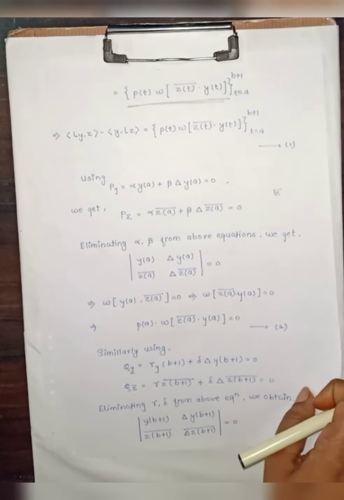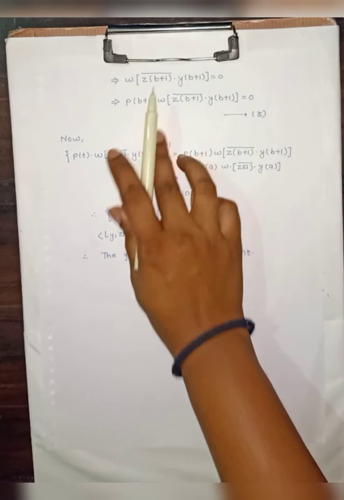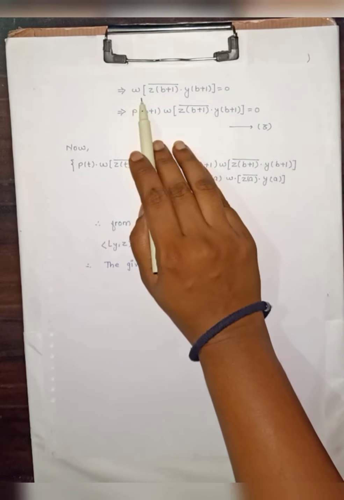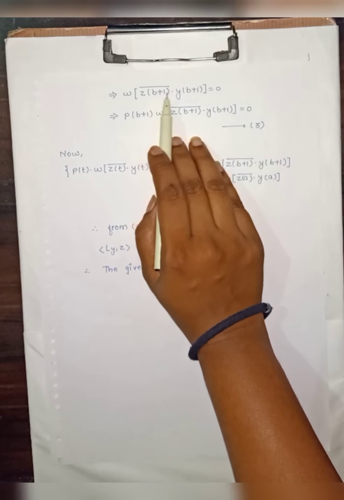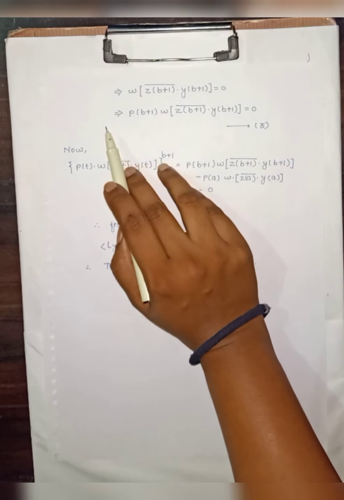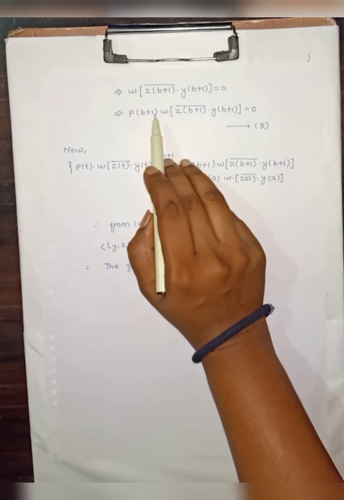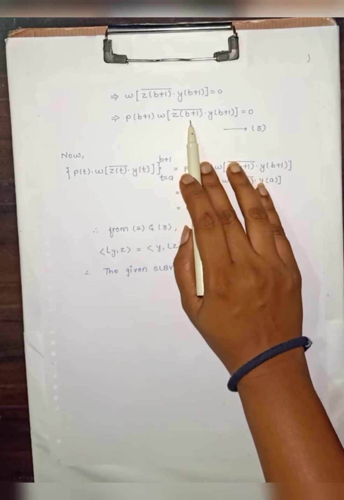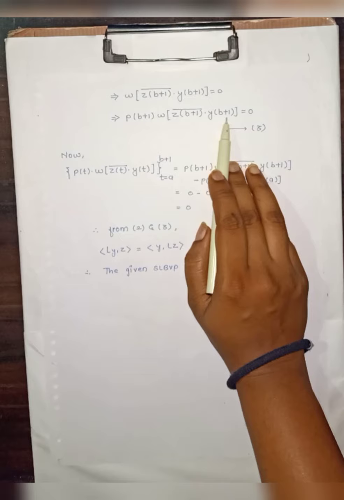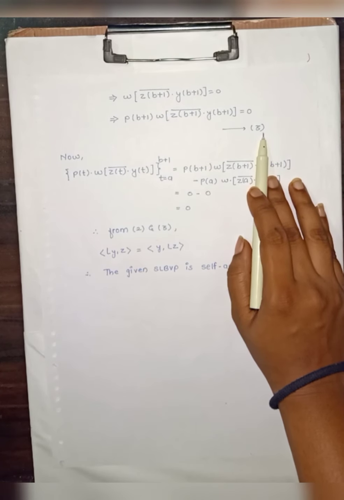Therefore it gives the Cartesian of z of b plus 1 conjugate and y of b plus 1 equals 0. This implies p of b plus 1 Cartesian of z of b plus 1 conjugate into y of b plus 1 equals 0, and this will be equation number 3.